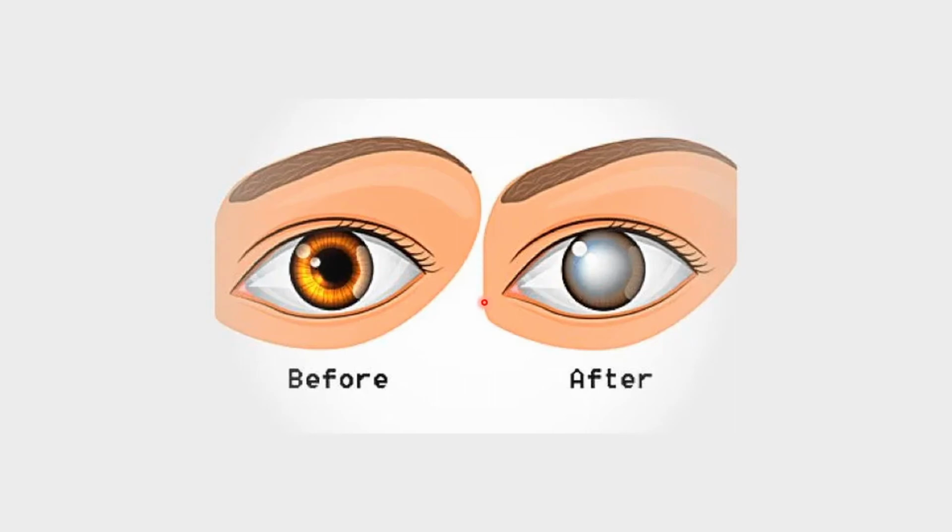And we can call this disease opacity. That means a cloudiness in the eye. This occurs due to harmful ultraviolet rays. Dryness in skin.